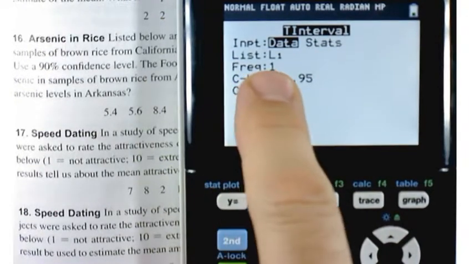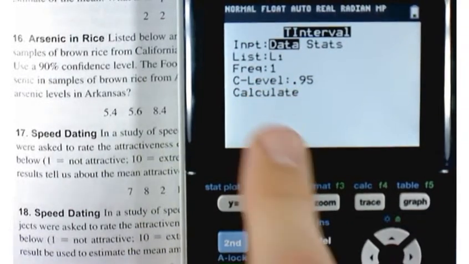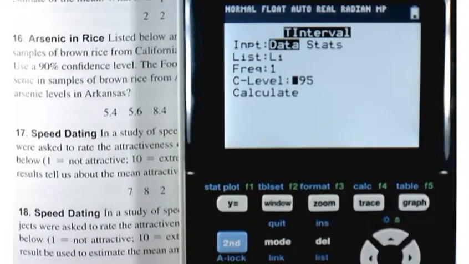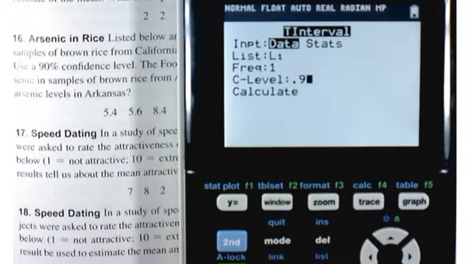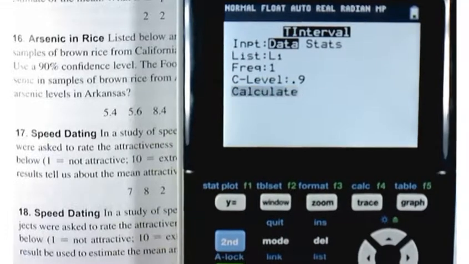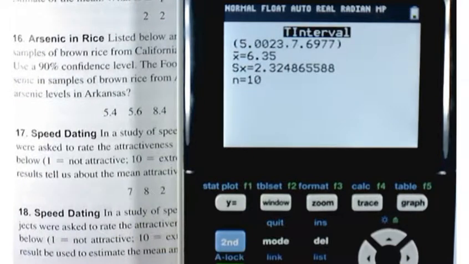Well, it's in list 1, L1, so we're good there. Frequency of 1, we can just leave that. We want a 90% confidence level, so 0.90, and then calculate. So there's your confidence interval.